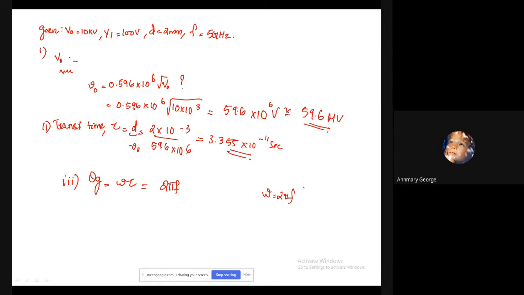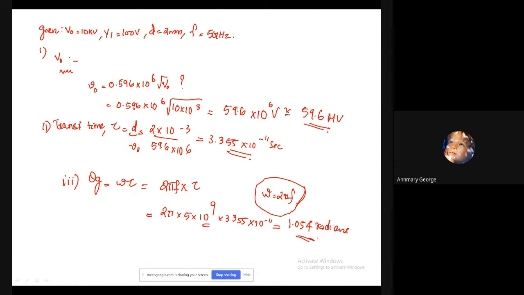Substitute omega into tau: 2 pi into 5 into 10 raised to 9, it is gigahertz so we convert to hertz, into 3.355 into 10 raised to minus 11. Which is equal to 1.054. What unit is it for theta g? It is radians.